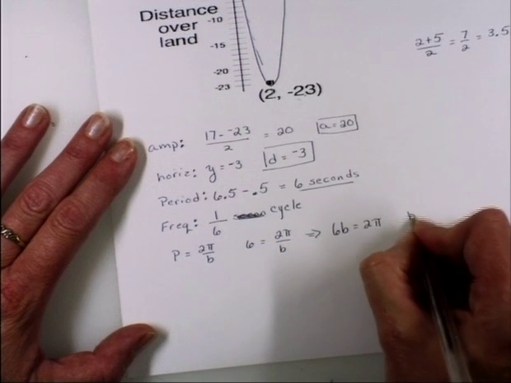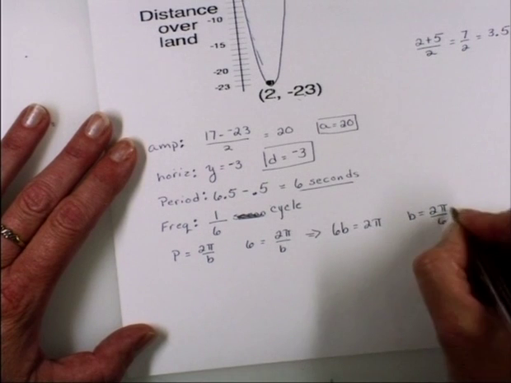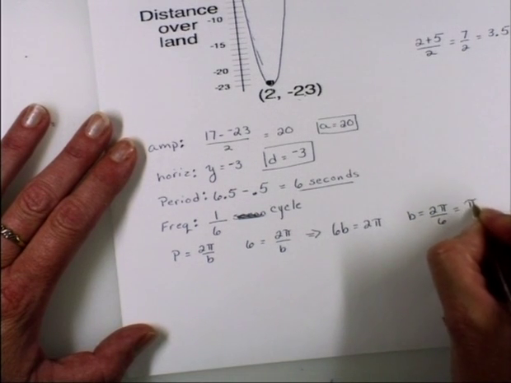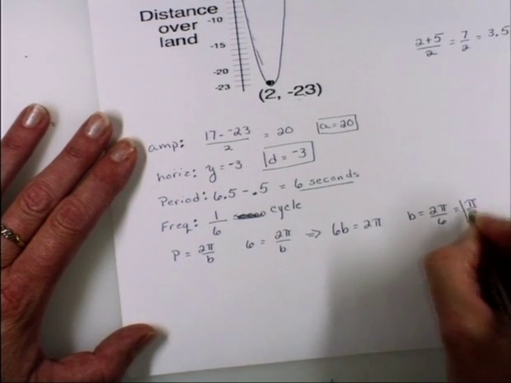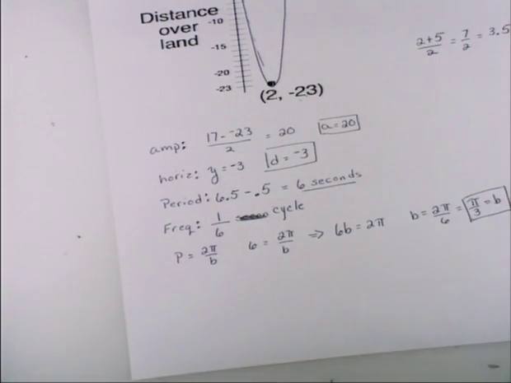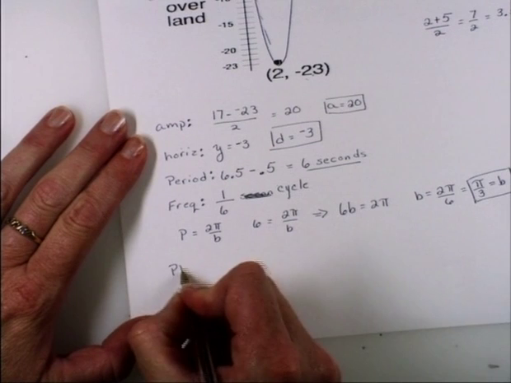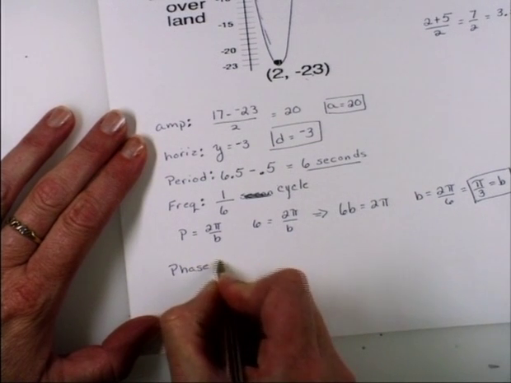B is 2 pi over 6, or pi over 3. So there's my B value, pi over 3. The last thing to do, of course, is to find that phase shift, which again is the toughest.